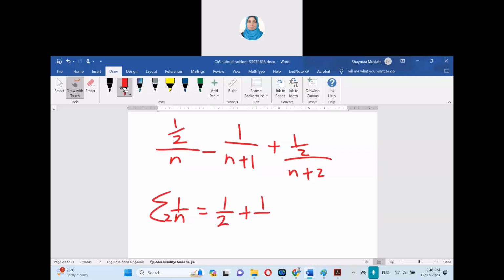So 1 over 2 plus 1 over 4 plus 1 over 6, until you have 1 over 2(n-1), 1 over 2n.